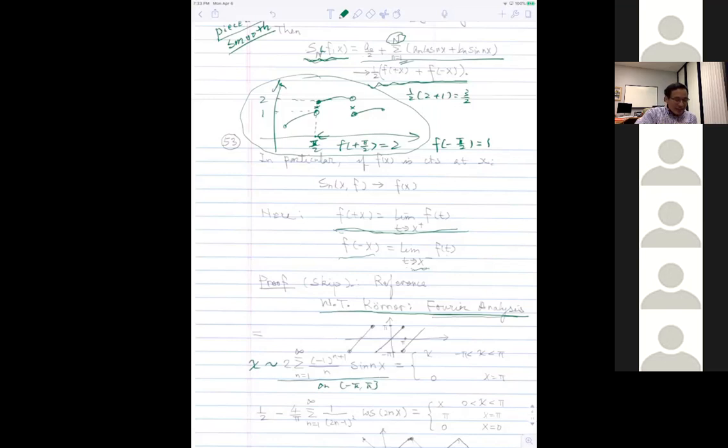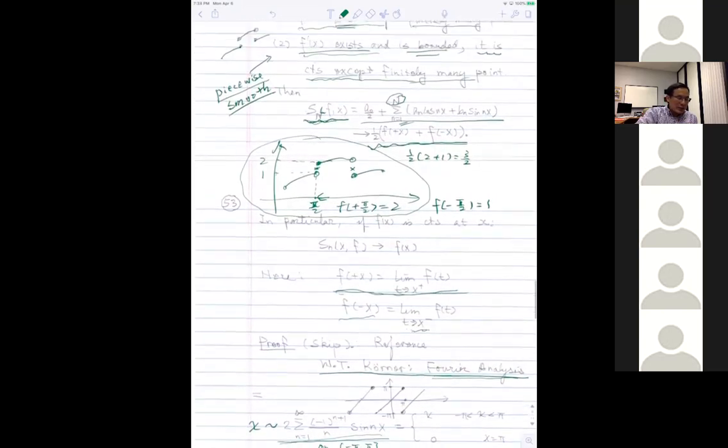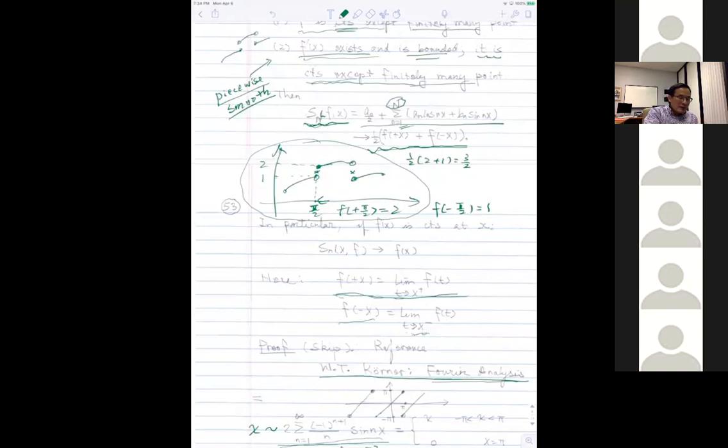Yeah, okay. So we talk about this convergence. This Fourier series is this. Now we're trying to apply the Dirichlet theorem. Let me come back to the Dirichlet theorem. If the function is continuous at the point x, then the left limit and the right limit will be the same.